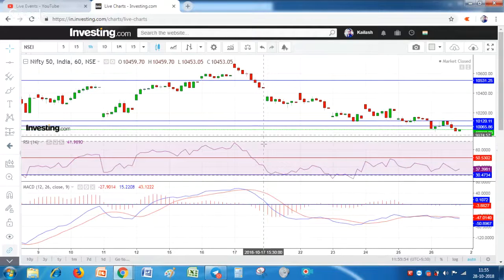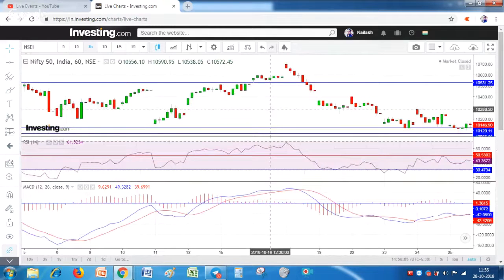Here we can keep the stop loss at the previous level, friends. Let me check the previous level. If we go short at this level, we can keep the stop loss at this candle high.